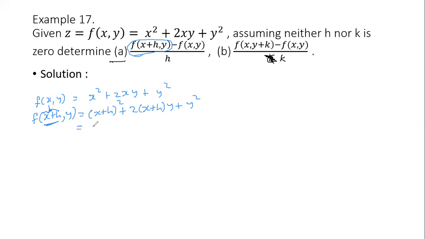We get x square plus 2hx plus h square plus 2xy plus 2hy plus y square.